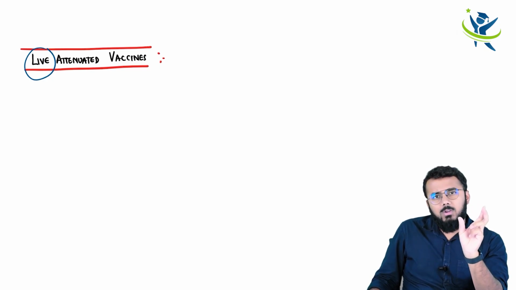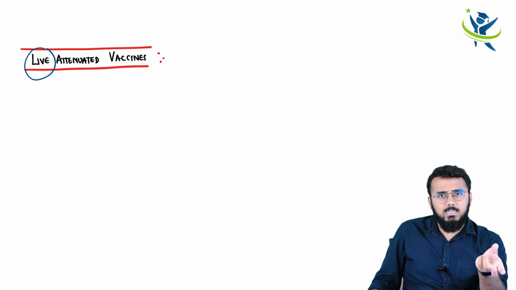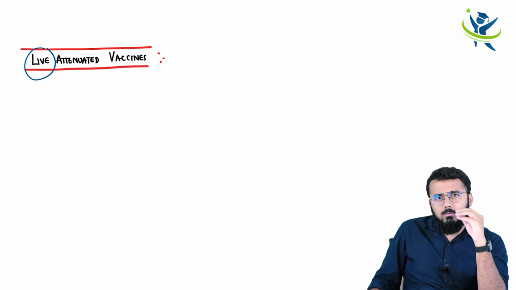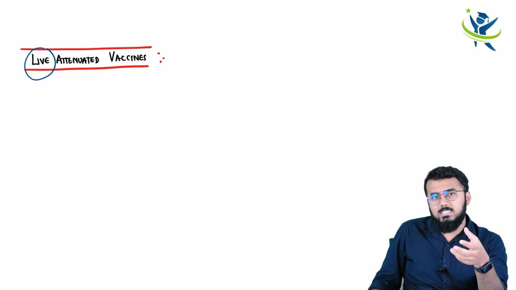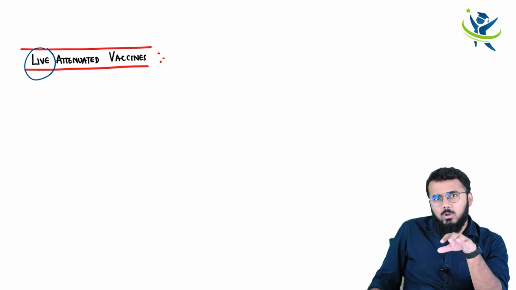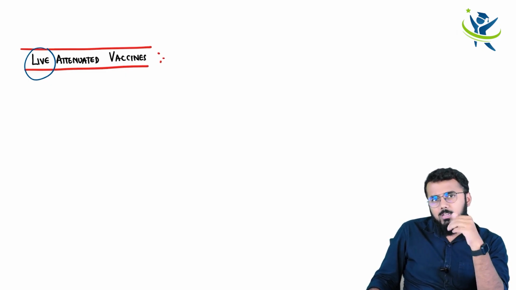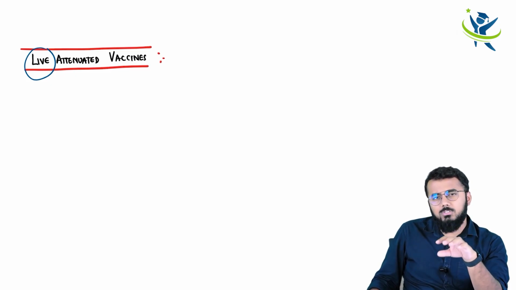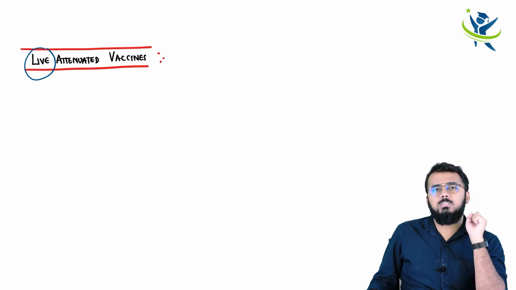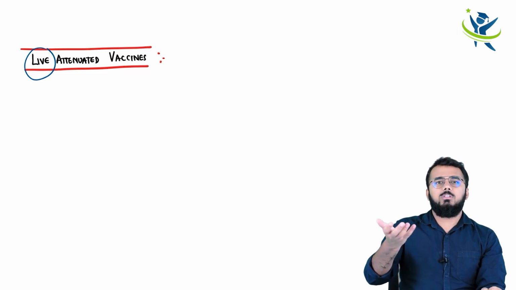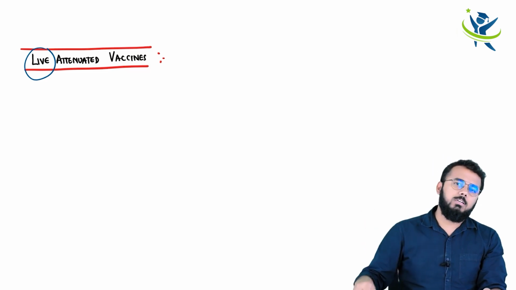You are taking an organism, a pathogen, either a virus or a bacteria, and you are removing the pathogenicity, the disease causing nature of that organism. You are making that organism a good organism and then injecting it into your body.